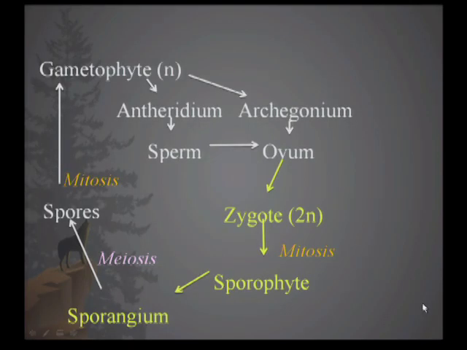And under the right conditions then, those spores will undergo mitosis and grow into a new plant, which is the gametophyte plant. So even though we're not aware of all of these stages by looking at plants, plants do alternate between a gametophyte generation and a diploid generation, if you will. And that's very different than our own kind of life cycle.